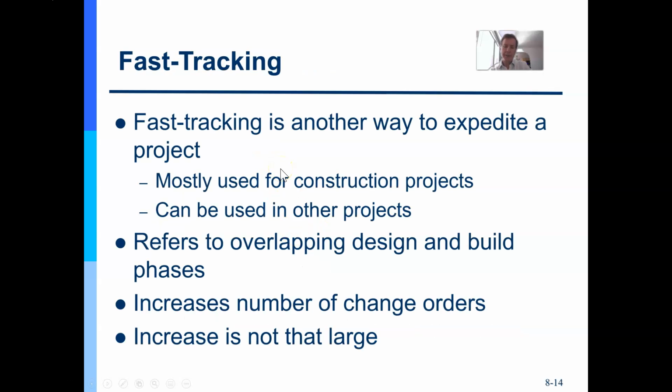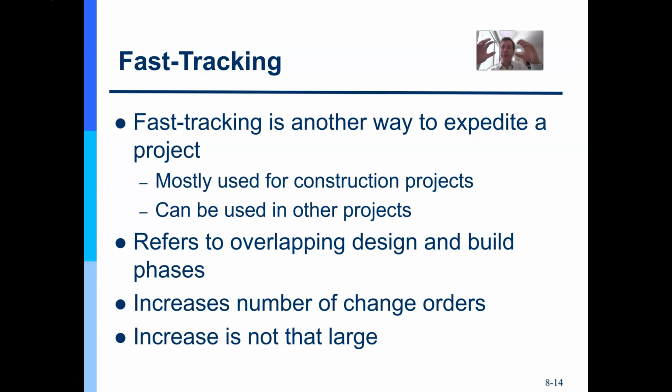Now, another way to accelerate or make up time on your schedule, besides crashing, is called fast tracking. And fast tracking takes 2 activities. Remember, we build our schedule network model based on the precedence diagramming method. So precedence, one activity must be a predecessor, one must be a successor, right? And there's a dependency. But sometimes in fast tracking, I could take two activities and do them in parallel. Maybe if they were completely different teams that were working on them, and I didn't need any common people between them, any common resources.